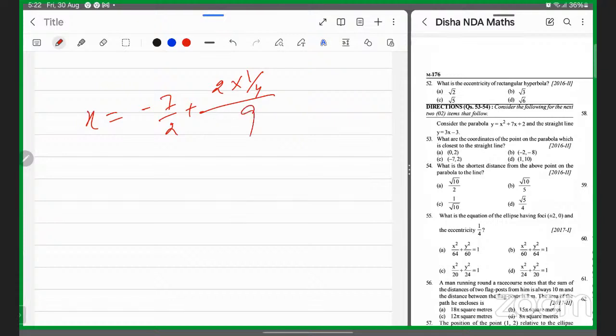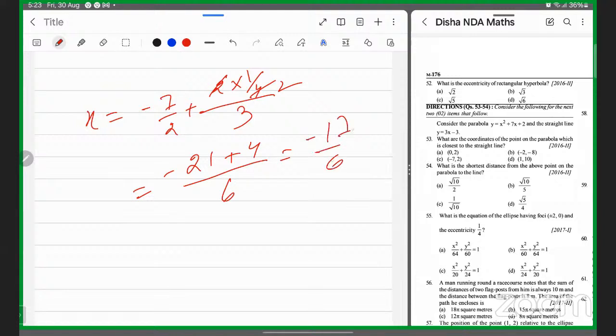So, no, 2a by m, 3 only. Right? 2 to the 4, 7th is a 21 plus 4 by 6. I have minus 17 by 6.